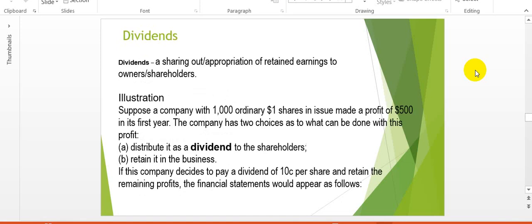When a company has been performing well, the directors may declare dividends. Dividends are paid to the shareholders of the company, based on the number of shares which each individual shareholder has.